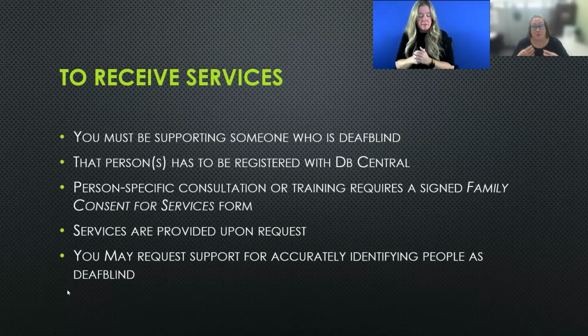But nothing will happen unless you contact us and request the service. So there are 309 kids that we know of, and that's not a lot, but the DB Central staff is actually really small. And so we can only work with the people who contact us and express an issue or have questions.